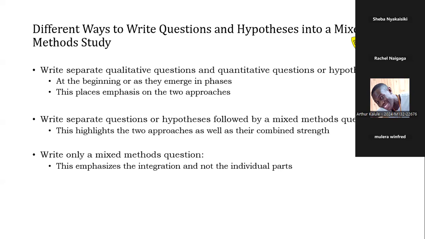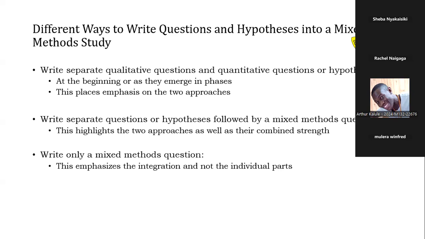So as you're writing, this is just to add further: if you decide to have a mixed method approach with the two, first of all, delineate between the qualitative research question and the quantitative research question.